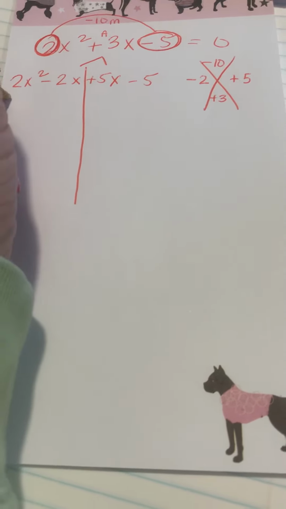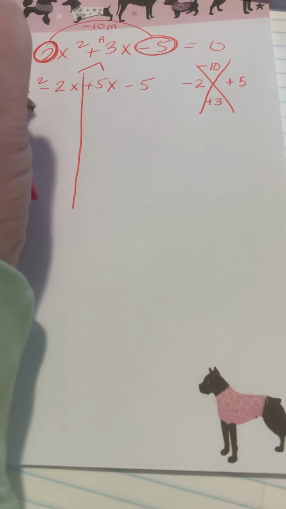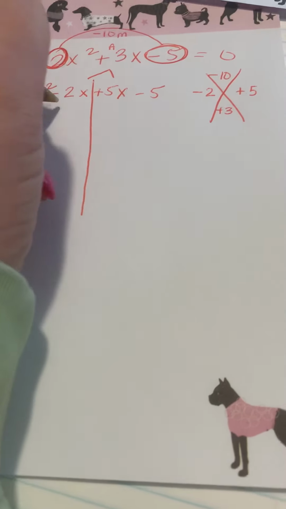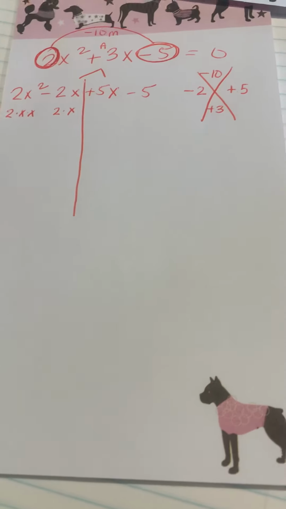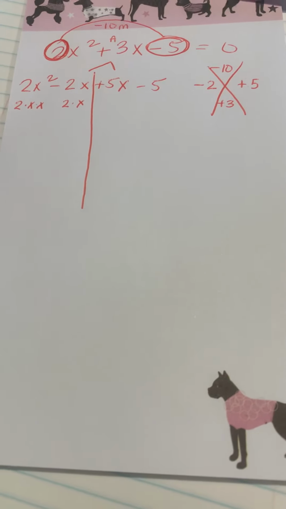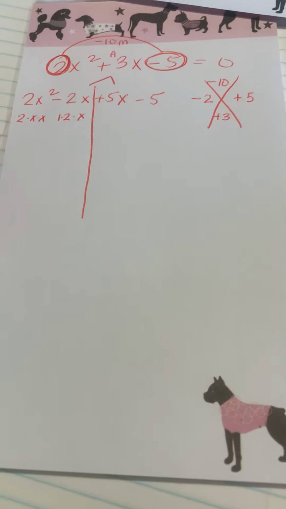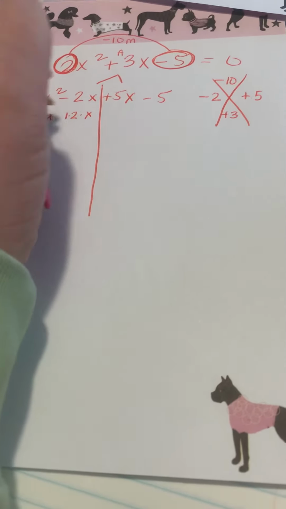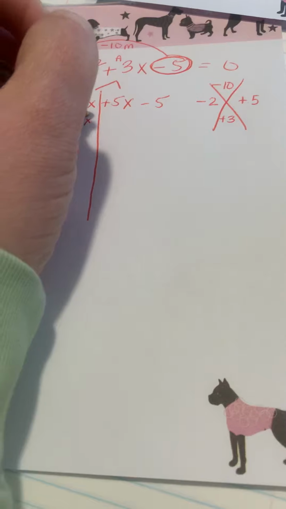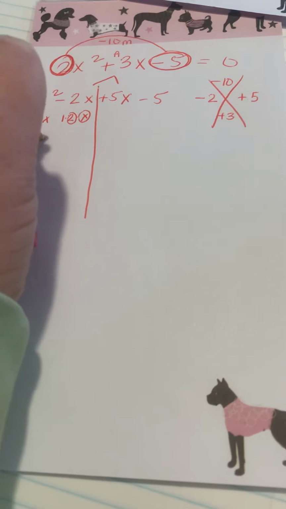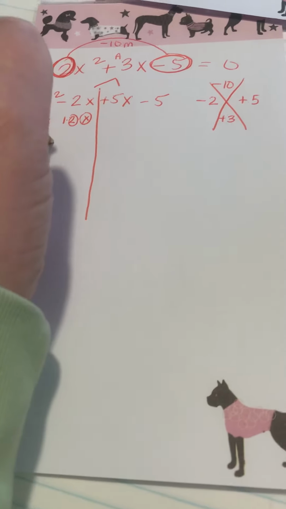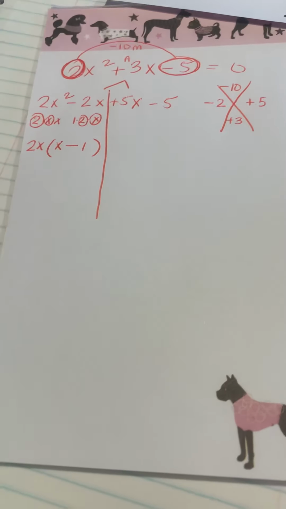My GCF for the first one would be 2x. I'm doing 2 times x and then 2 times 1, so 2 and x are in common. My leftovers would be x minus 1.